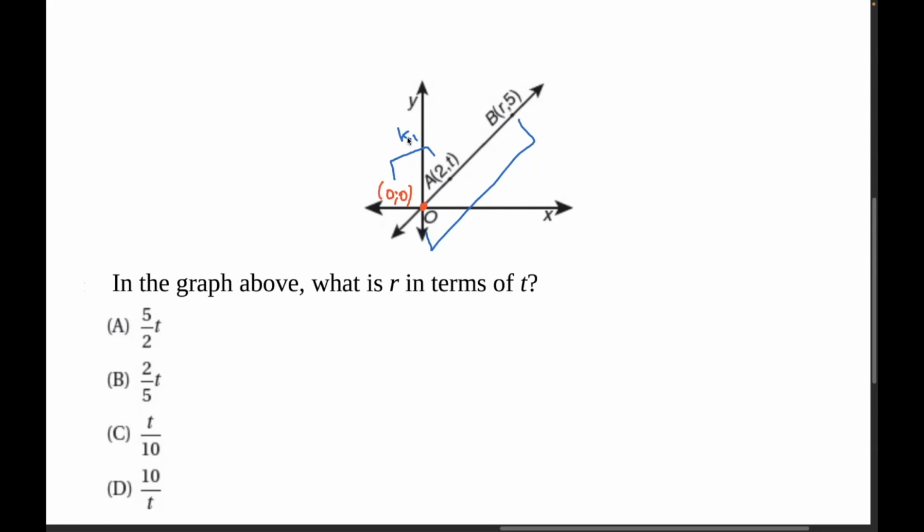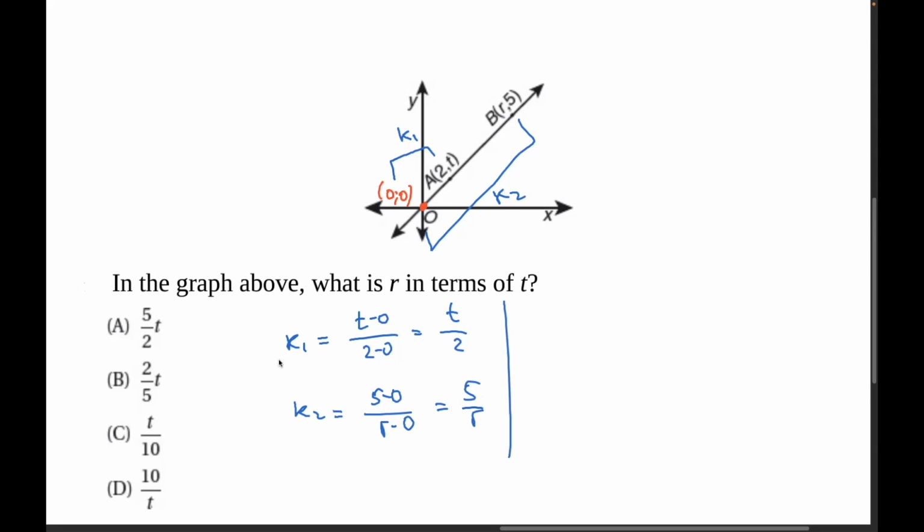So first of all, I'm going to find slope k1, then I will find the slope k2, then I will equalize them. k1 is equal to t minus 0 divided by 2 minus 0, which is t/2, and k2 is equal to 5 minus 0 divided by r minus 0, which is 5 divided by r.